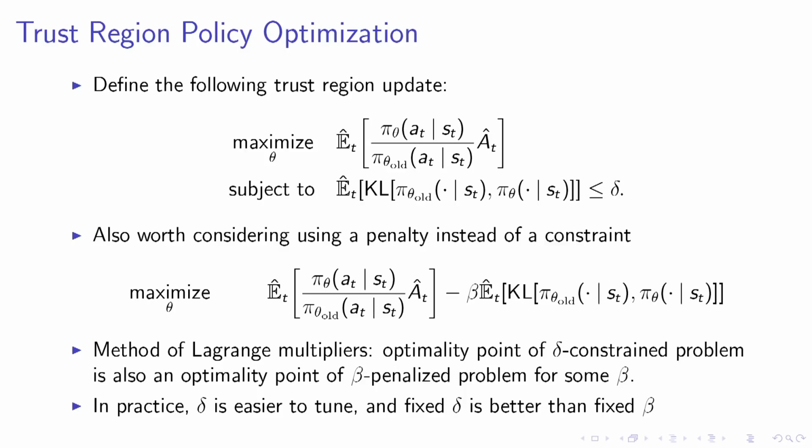For example, we could say that the Euclidean distance between our starting point, theta old, and our final point, theta, is small. But instead of using Euclidean distance, we're going to compute the KL divergence between the old policy, pi sub theta old, and the new policy, pi sub theta. That's what we mean by this KL expression here.